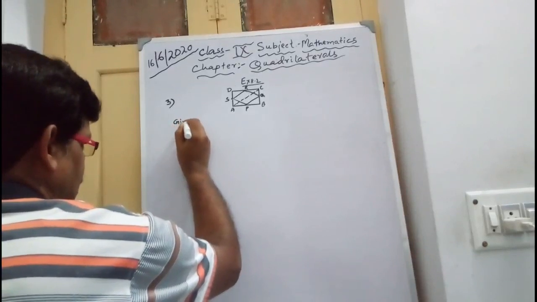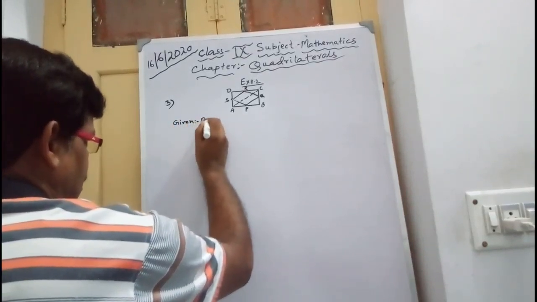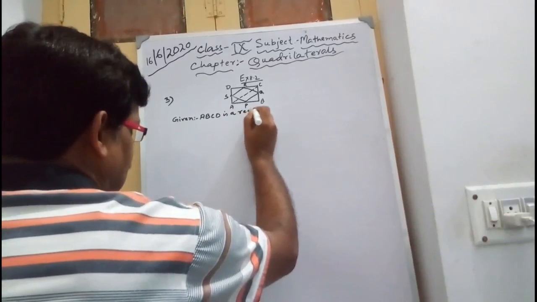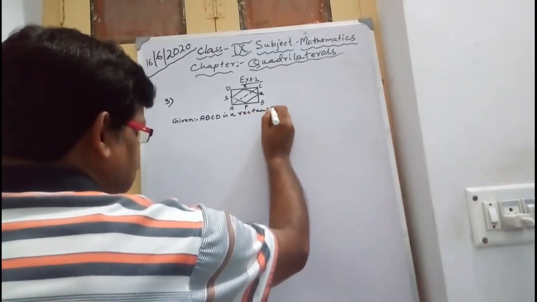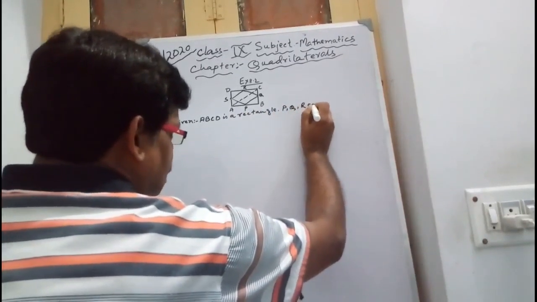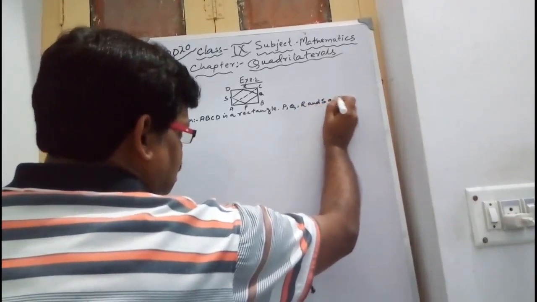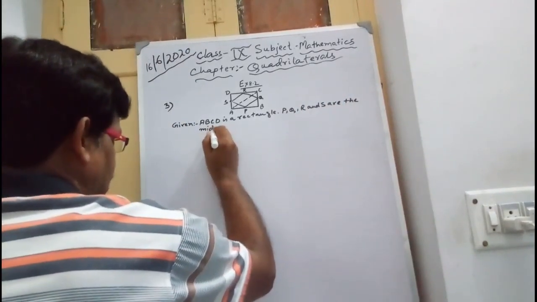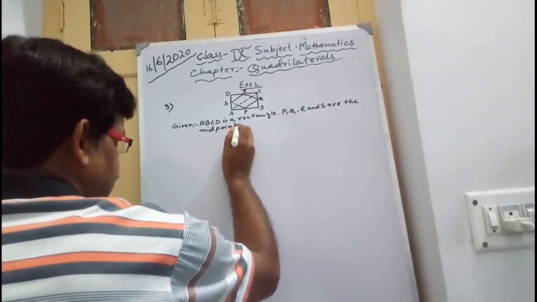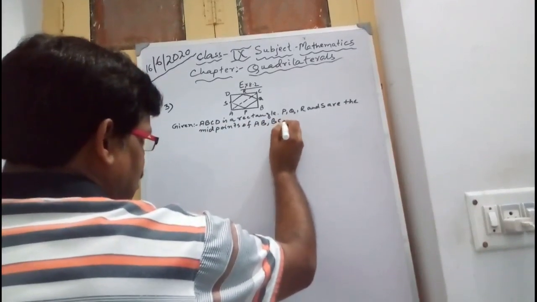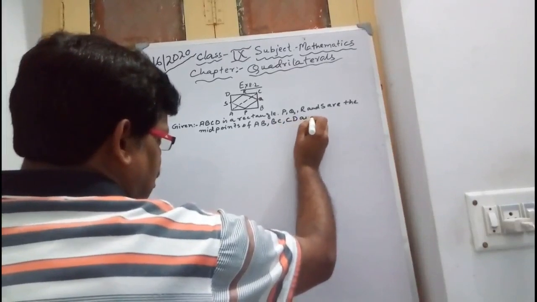Now given: ABCD is a rectangle. P, Q, R and S are the midpoints of AB, BC, CD and DA.